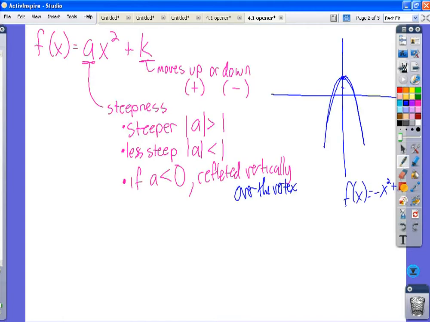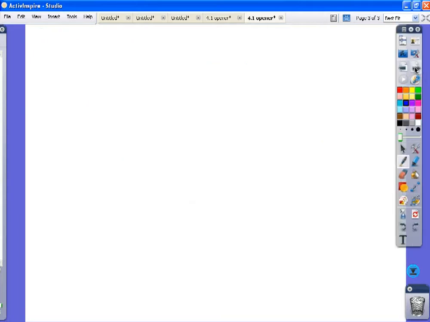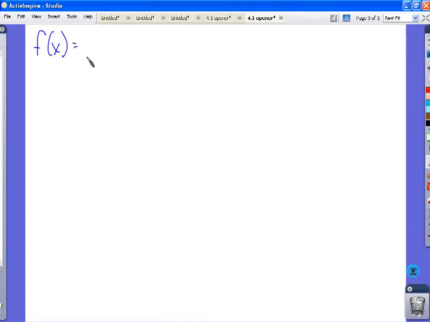Before, the only things we could do were to multiply x squared by a number and then add a number. We're going to expand this. We want to talk about every possible function that's like this function, and like this function means you have an x squared. So we want to expand it to all what are called quadratics.